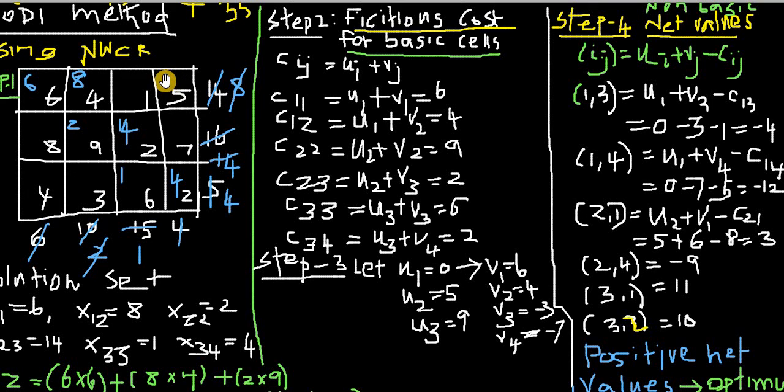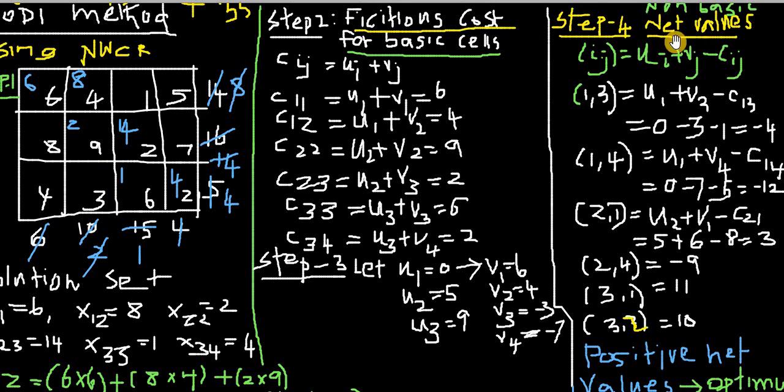1 4 is a non-basic cell. 2 1 is a non-basic cell, and 2 4 is a non-basic cell, and then 3 1 is a non-basic cell, and the last one, 3 2, is also a non-basic cell.